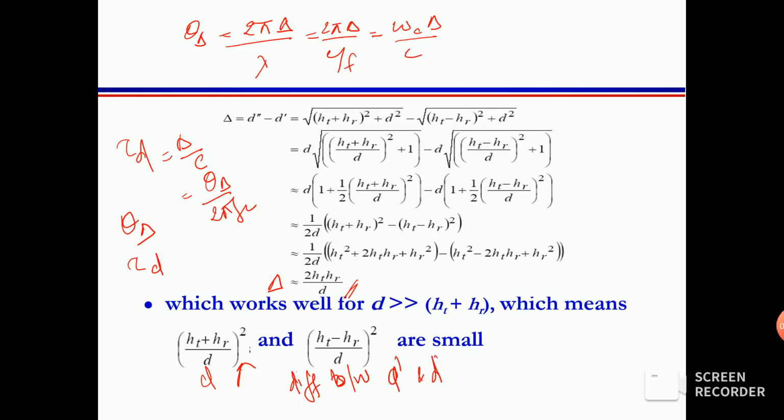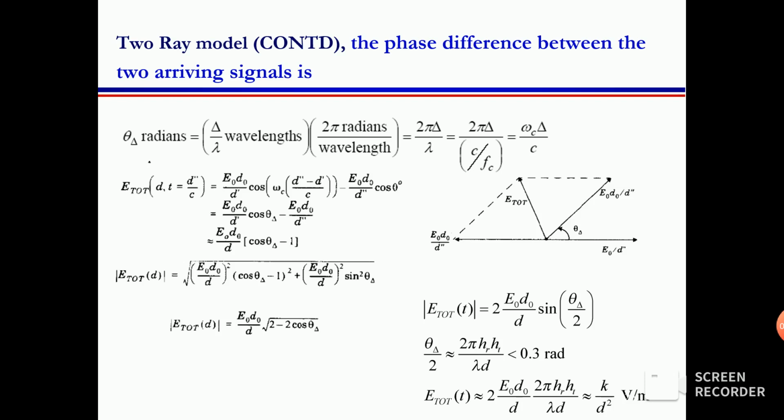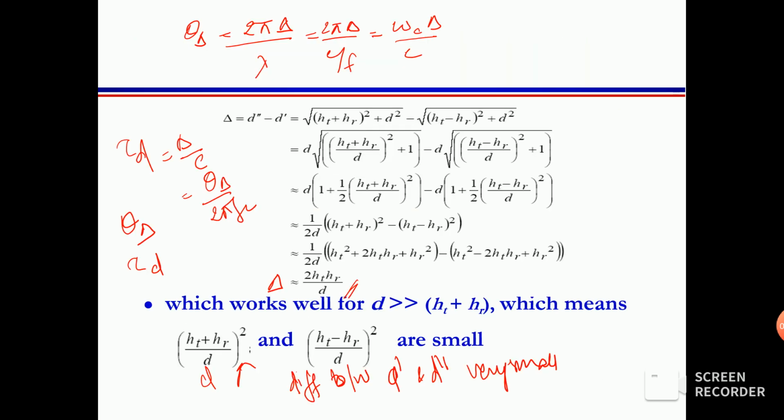Because of that we can write E0 d0 by d is approximately equal to E0 d0 by d dash, which is approximately equal to E0 d0 by d double dash.